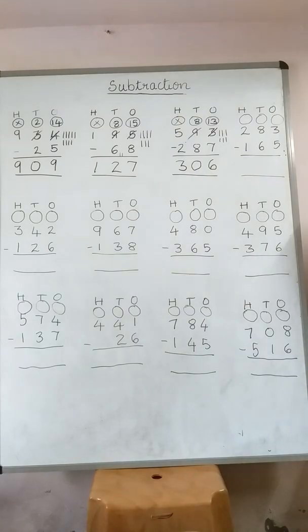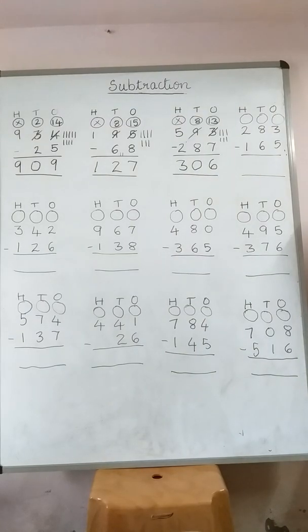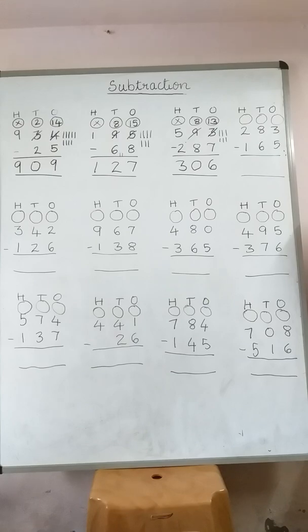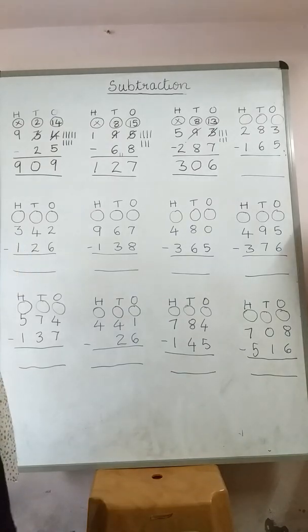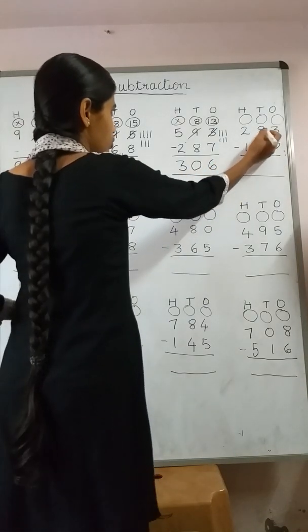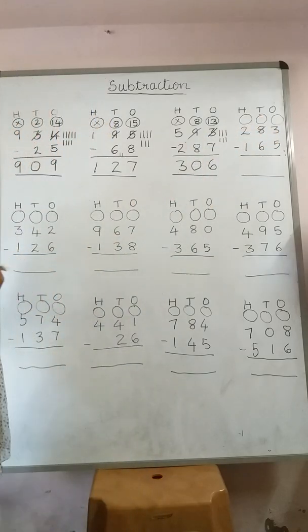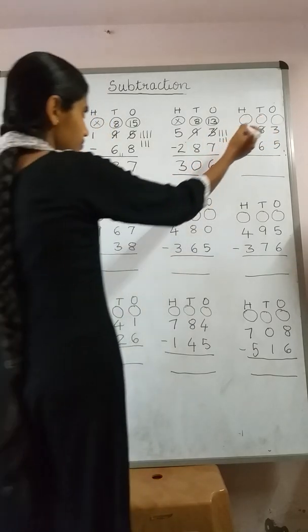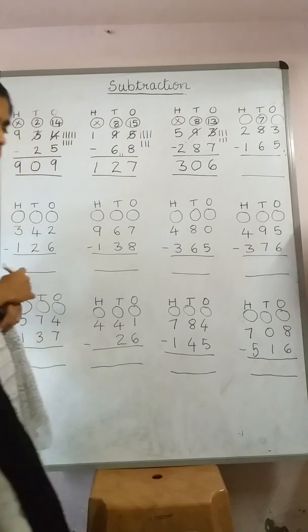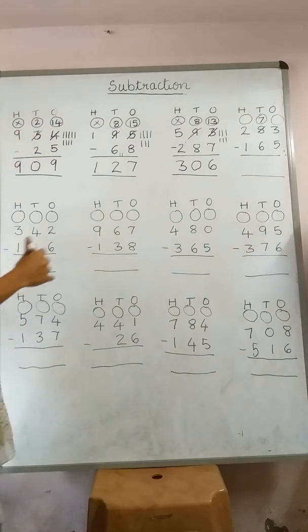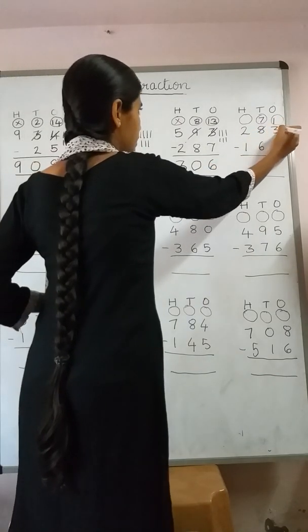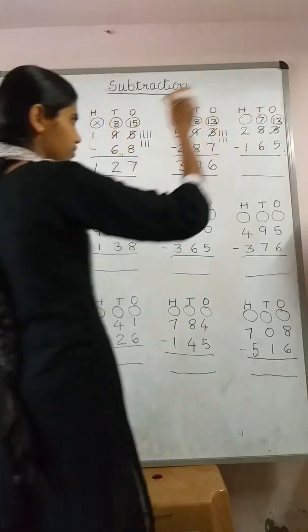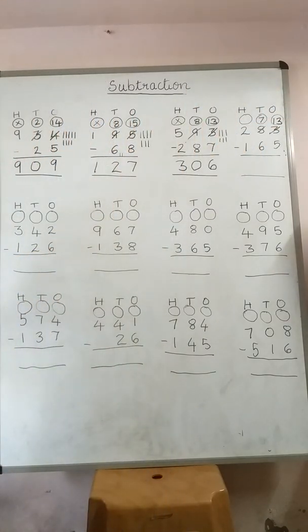Moving to the next one. What can you observe in the ones place? 3 and 5. So it's not possible here. So children, strike 8, write 7, the before number, and write 1. Then strike 3, write here 13. So can you count? What is 13 minus 5? Can you subtract?